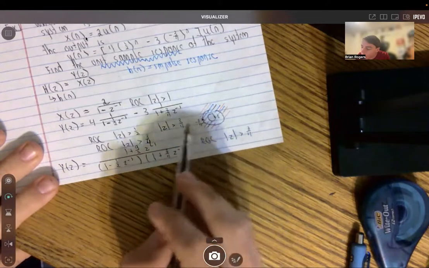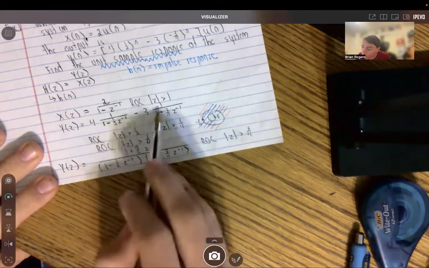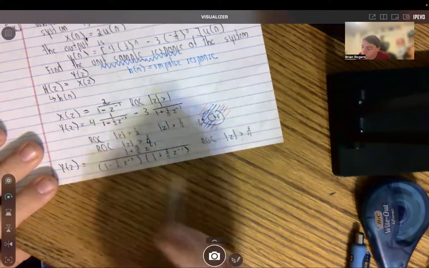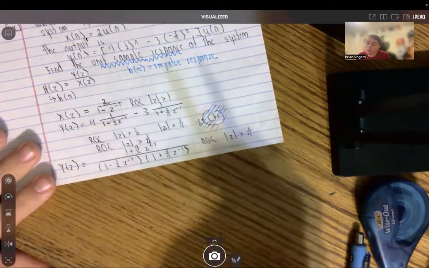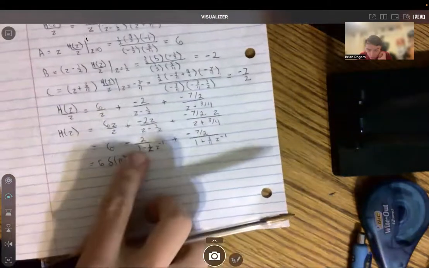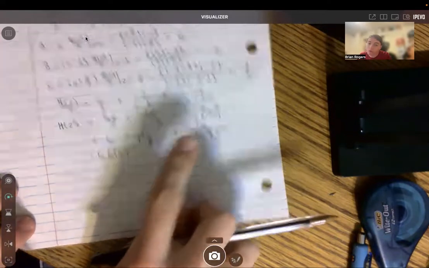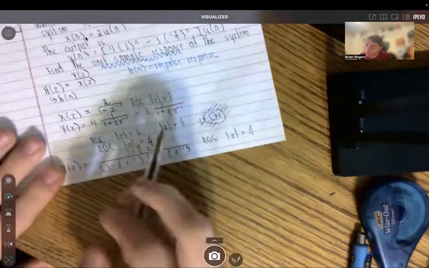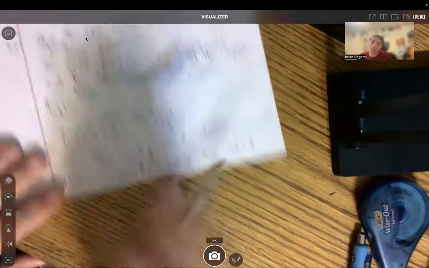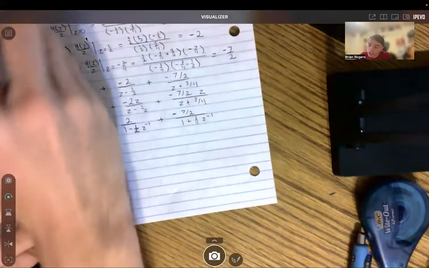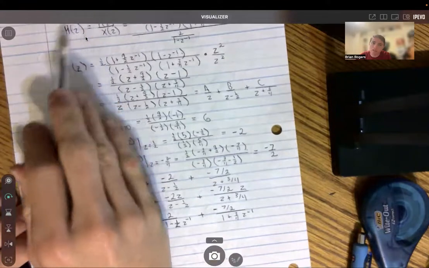And for my 1/2, it was causal as well when we looked at those parts individually. So because it was causal, looking from our Y of z, our response, we're going to treat these as causal signals as well, because we're just using the region of convergence from our Y of z, which determines the region of convergence for H of z, because Y of z is a factor of it.